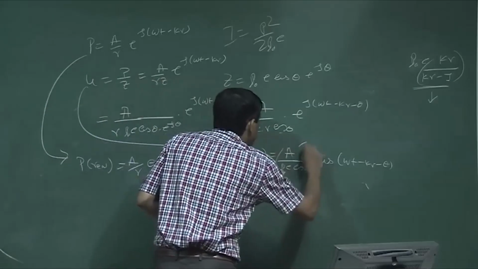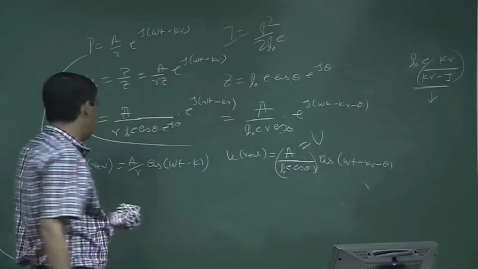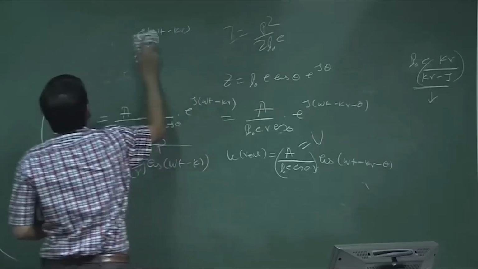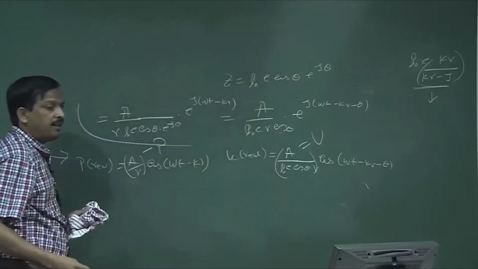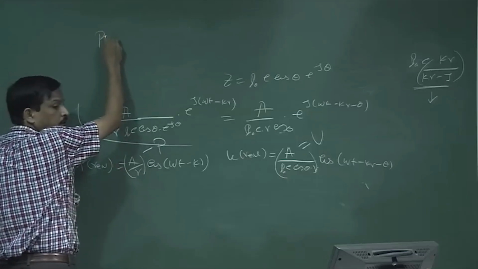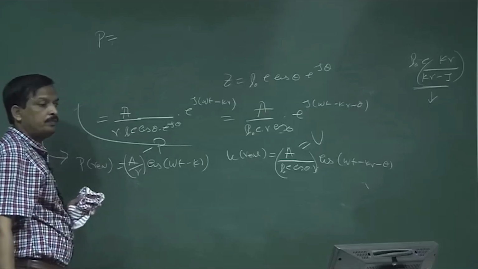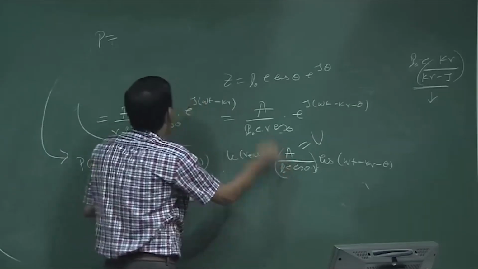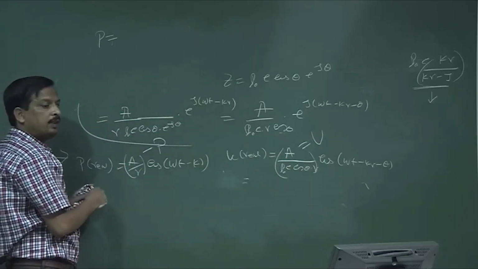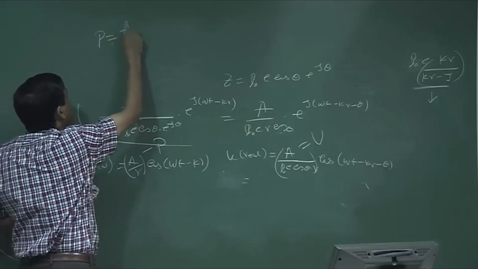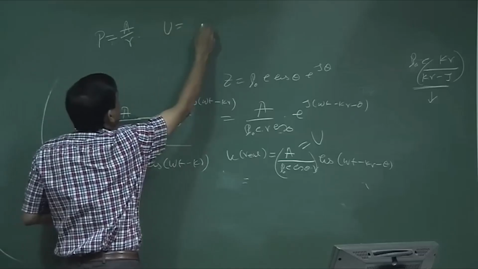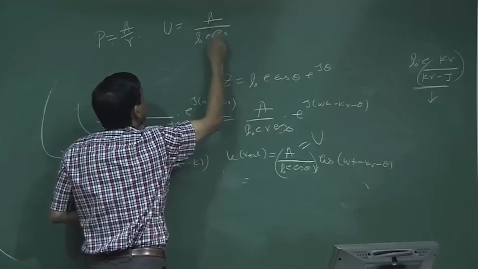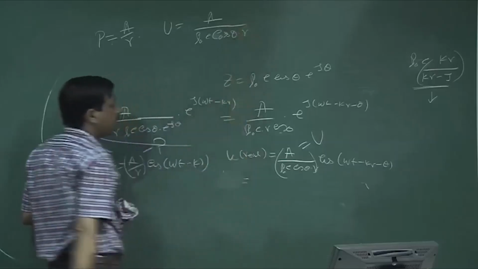Let this amplitude term be capital U and that one be capital P. So, capital P is equal to A by r, and capital U is equal to A by (rho 0 c cos theta r).